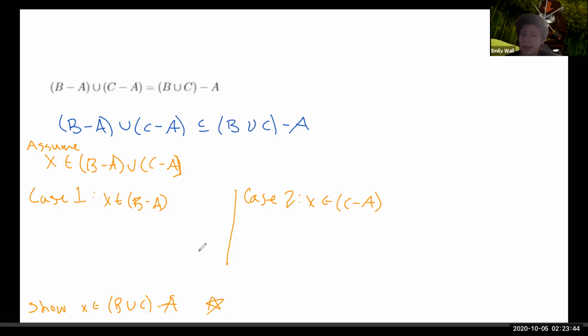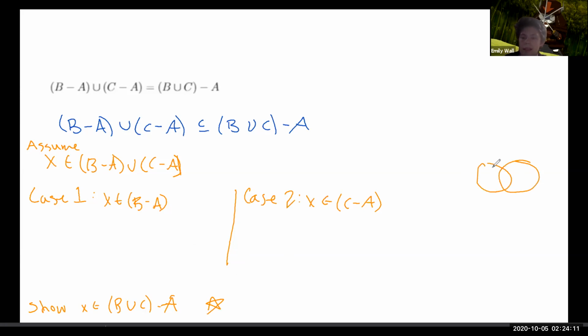Okay, we have to get started. Let's look at case one. Seems like a fine place to start. x is in B minus A. What in the world do we do with that? Well, we have an operator. We have a minus sign. What does that mean? If you don't know what to do with this minus sign, go back and look at the definition of set minus.